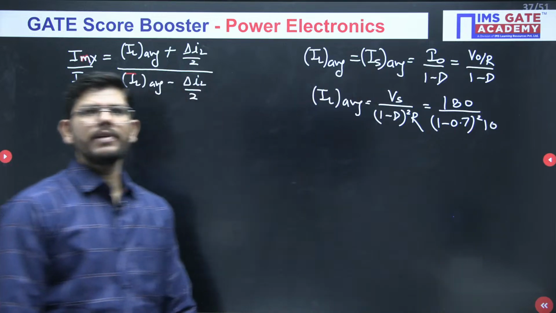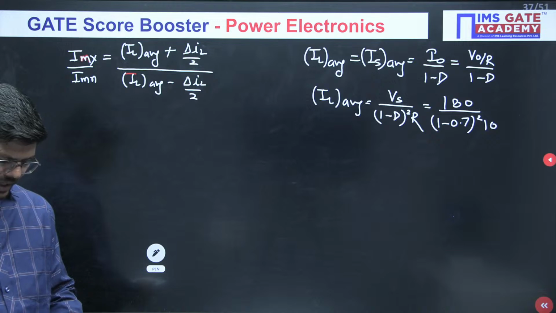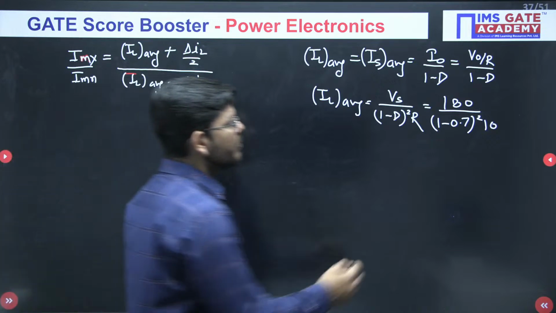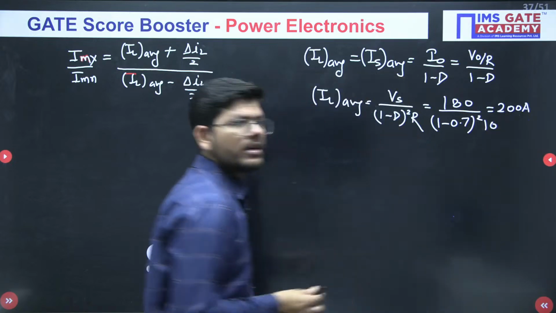Okay. So after putting the values, when you will solve it, what you will get as IL average is 200 amperes. Okay. So IL average will be 200 amperes.